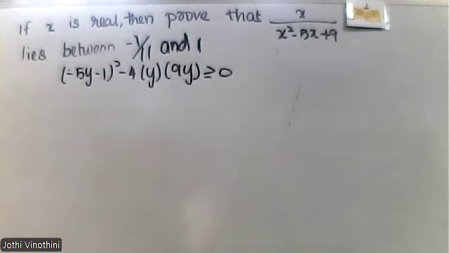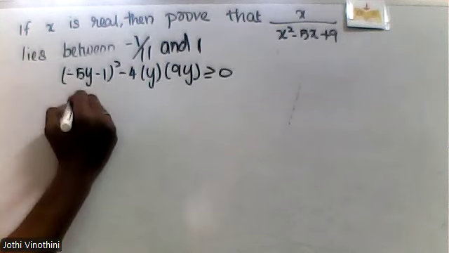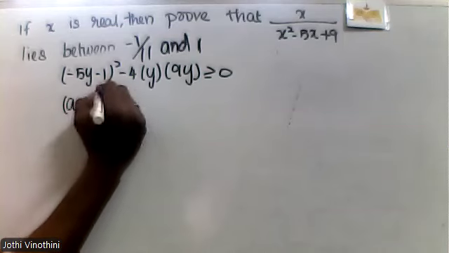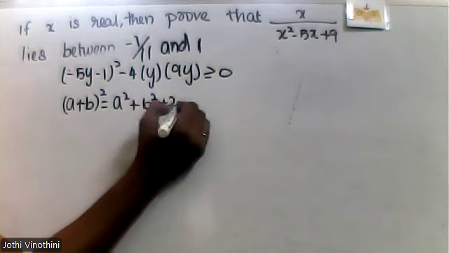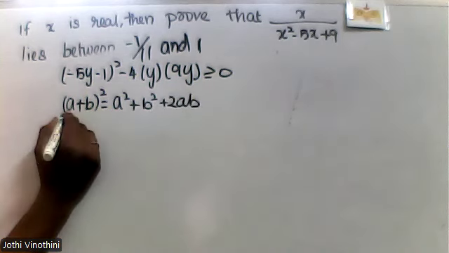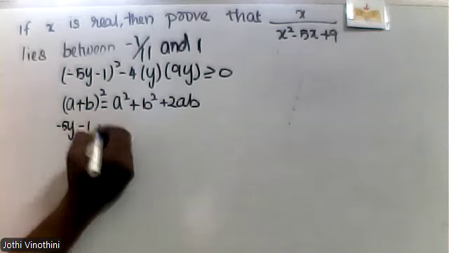Once again, both the terms are in minus, so I am going to compare it with (a plus b) the whole squared, which equals a squared plus b squared plus 2ab. I am going to take minus 5y as a and minus 1 as b.